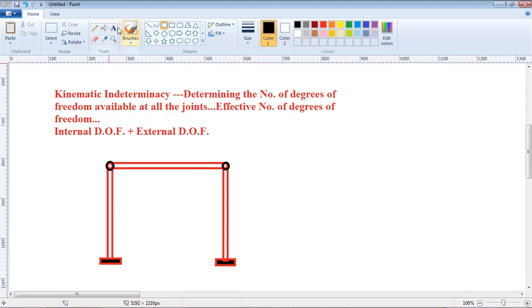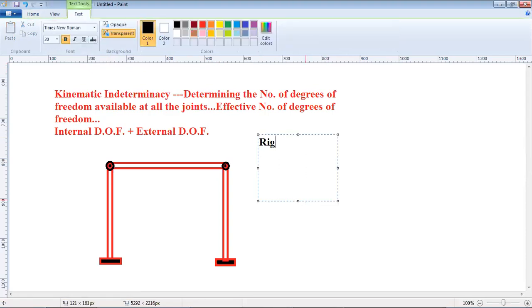Now what is the property of a rigid joint?